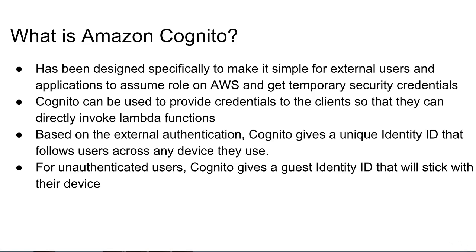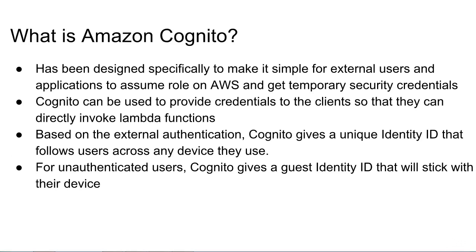Now, Cognito provides more than AWS credentials. Based on the external authentication, Cognito gives a unique identity ID that follows users across any device they use. And for unauthenticated users, Cognito gives a guest identity ID that will stick with the device they are using, could be a smartphone or a tablet or a browser.